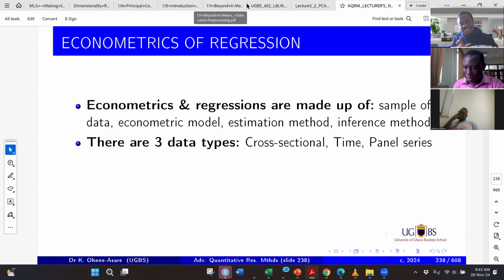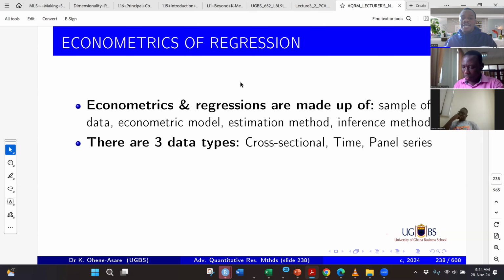So you have the GDP, inflation, exchange rate, and interest rate of not one African country, but several countries over several time periods. That is panel. It is the master of all data types.